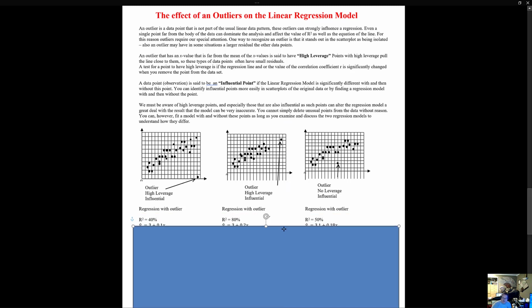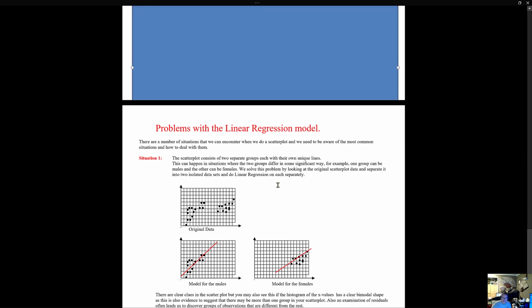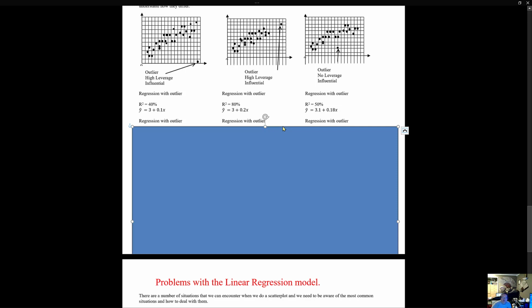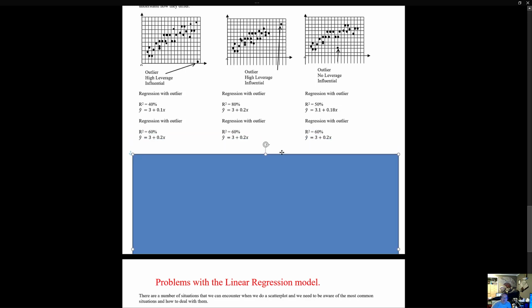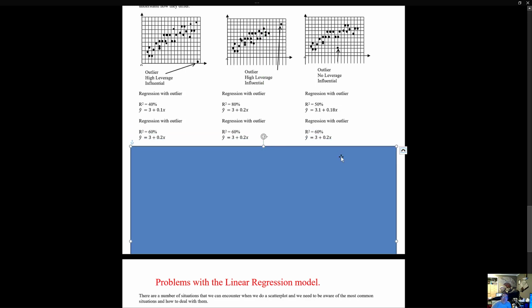Now, when that outlier was included, the R squared came out at 80%, and this is the equation of the straight line. If you then removed that one data point and recalculated it, the R squared is now 60%, but the equation of the straight line never moved at all. That particular type of outlier is going to have the effect of making the R squared bigger than it truly is.